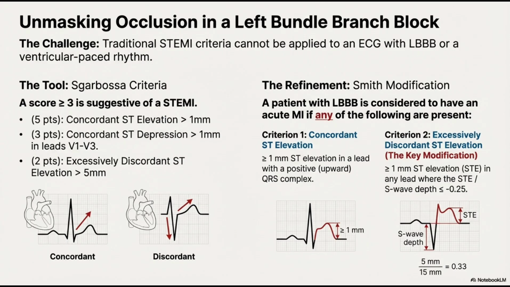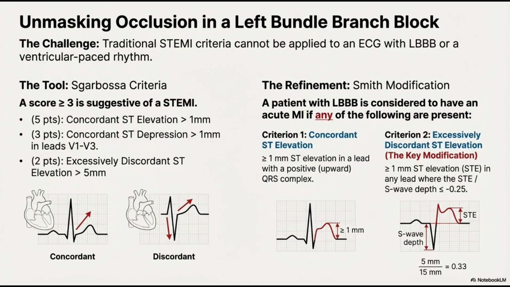So if the S wave is, say, 20 millimeters deep and the ST elevation is 5 millimeters, that's exactly 25%. If it hits that ratio or more, even if it's not 5 millimeters tall, it flags it as acutely abnormal. So it adjusts for the size of the QRS. It adjusts for the wide QRS complexes of the LBBB, and it catches those subtle but critical events the classic rules missed. It's next-level precision.